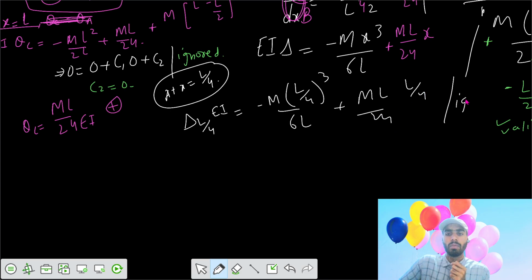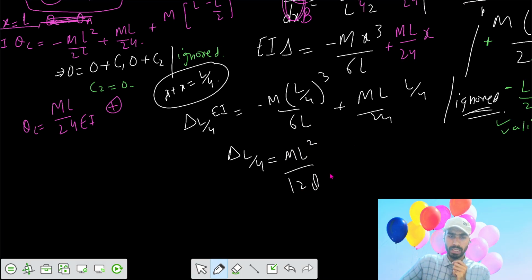And this is not valid because your value of L by 4 minus L by 2 is negative, so we have to ignore that part. So finally, the value of delta at L by 4 comes out to be equal to ML squared by 128 EI, positive means upwards.